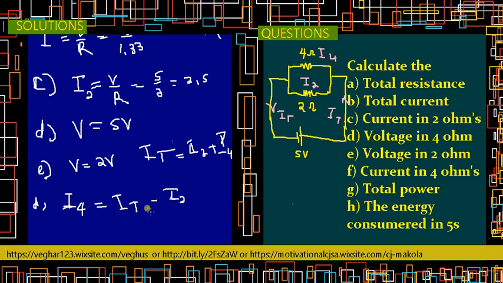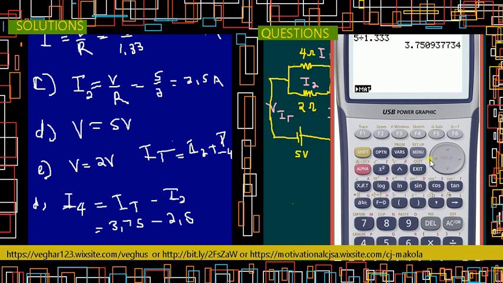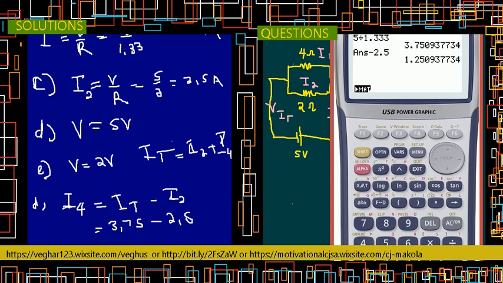We have IT, which is 3.75, minus 2.5 amperes, the current in I2 we found. Using the calculator, 3.75 minus 2.5 is 1.25.